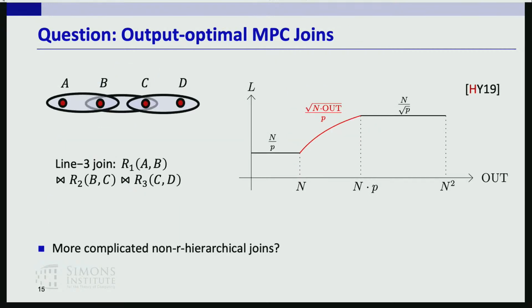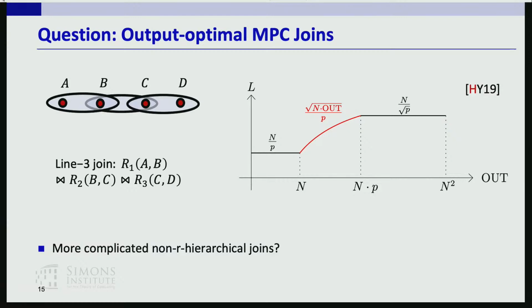The second question is to understand the output optimal algorithm for MPC join. This line-3 join is the only non-R-hierarchical join on which the output optimality is well understood. And this optimality is in terms of a piecewise function. When the output size is small, the classical parallel Yannakakis algorithm is optimal.